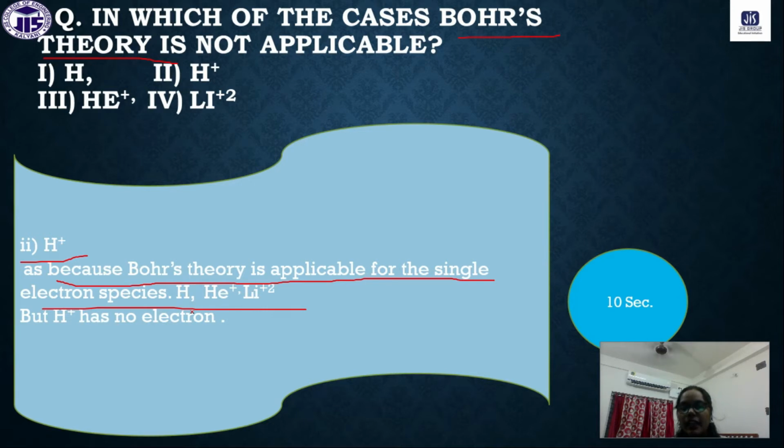So the answer is option 2, H plus. Hydrogen, helium plus, lithium plus 2, these all follow Bohr's theory. Only H plus does not, because H plus means we don't have any electron here. So that is why H plus will not follow Bohr's theory.